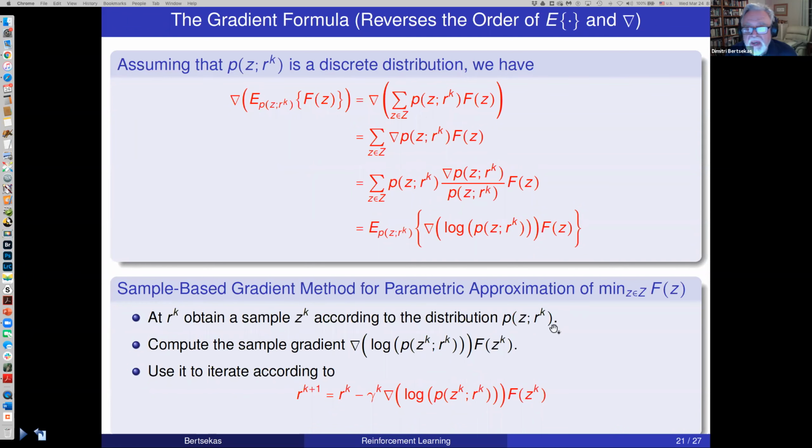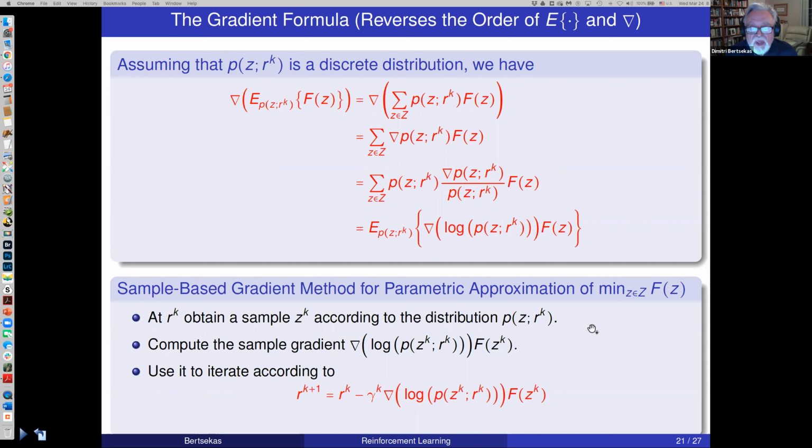Okay, so let me remind you of the generic method for solving approximately this generic minimization problem by using parametric approximation and replacing the minimization over Z with minimization over a subclass of probability distributions that are parameterized over Z by Rk.